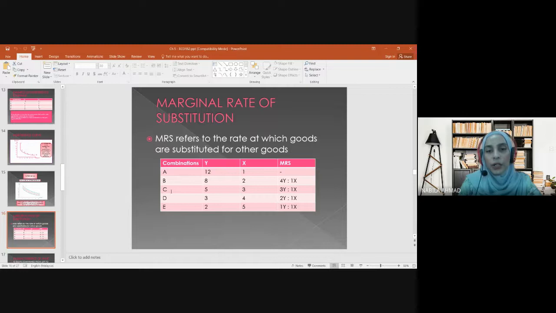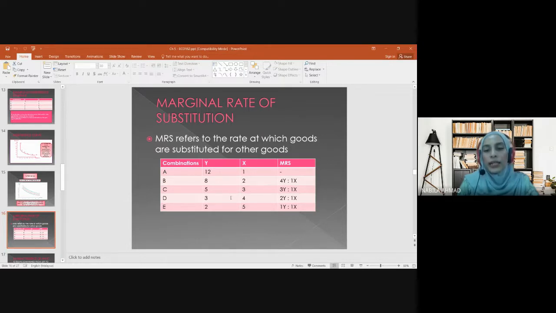For example, kita ada combination A until E, good Y and X. So, kita ada 12Y, 1X, 8Y, 2X, 5Y, 3X, 3Y, 4X, 2Y, 5X. Jadi kita nak substitute, kalau kita nak tambah 1X lagi, kita akan kurangkan Y sebanyak 4.